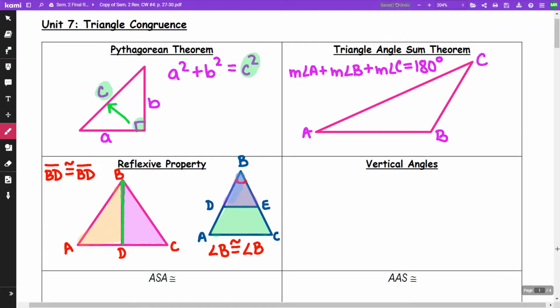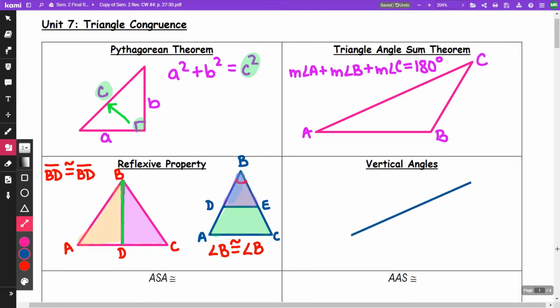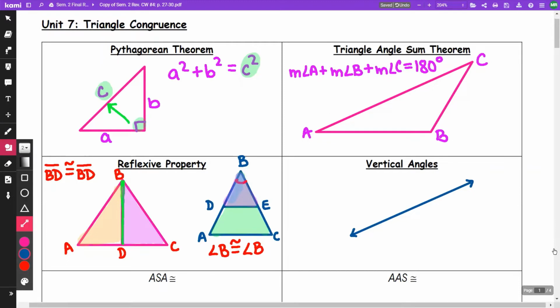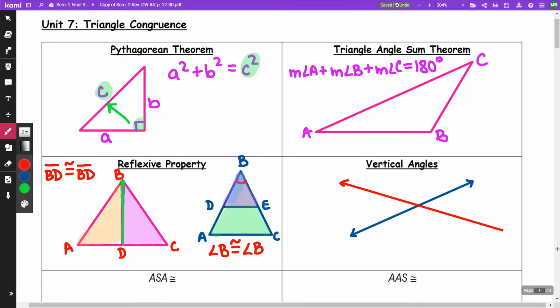Okay, vertical angles. So vertical angles is when we have two lines intersecting. So let's say we have this line here, and let's say we have this line here. Okay. When we have two lines intersecting, the opposite angles, this angle here and this angle here, are going to be the same.